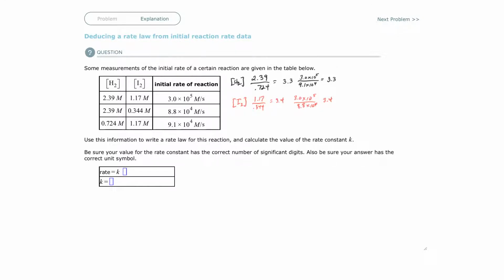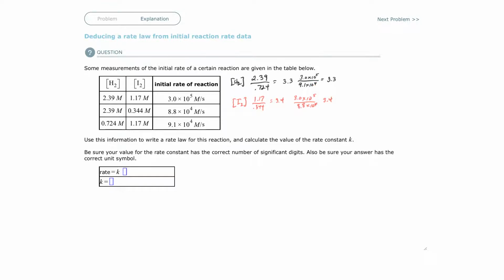Now take the initial rates of each one and see, do they go down by the same amount? I took the first rate, 3.0 times 10 to the 5, took the second rate, and divided it into it. Now, check this out really carefully. Notice that this number looks bigger because it's 9.1, but it's actually a smaller number because it's to a smaller exponent.